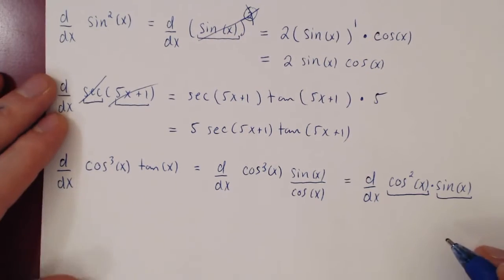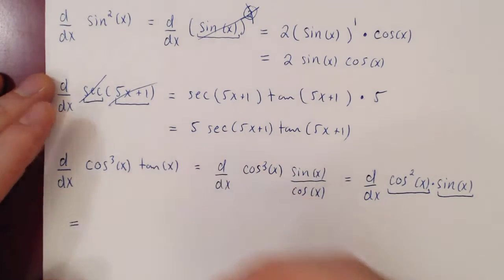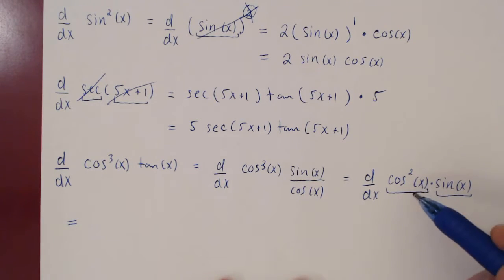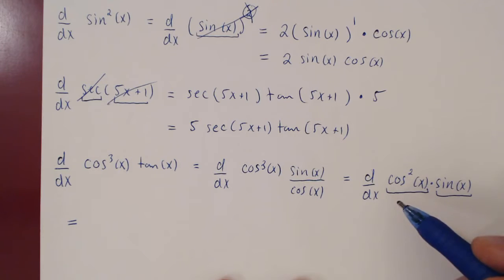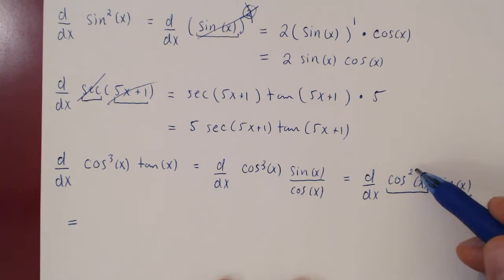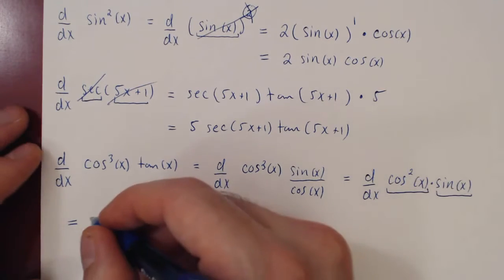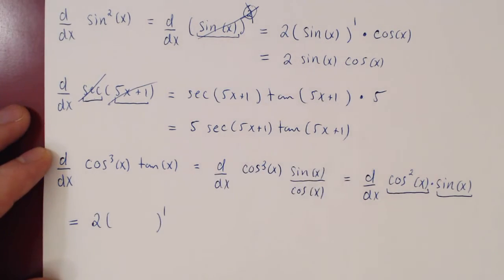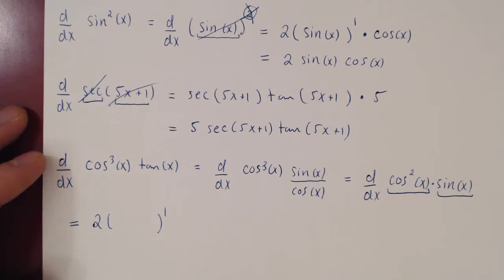Let's differentiate. By the product rule, what we need first is the derivative of the first function. And be careful here. To differentiate cos squared of x, we have to use the chain rule. This is cos of x all squared. Differentiate the outside function first, the power 2 function. Bring 2 down. Subtract from the exponent. 2 minus 1 is 1.